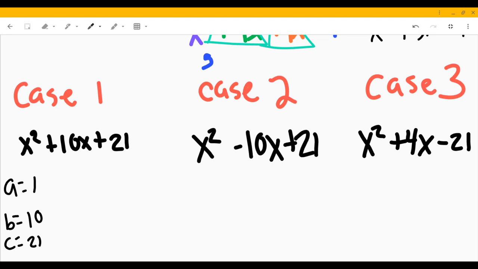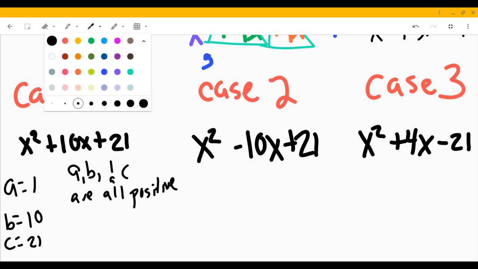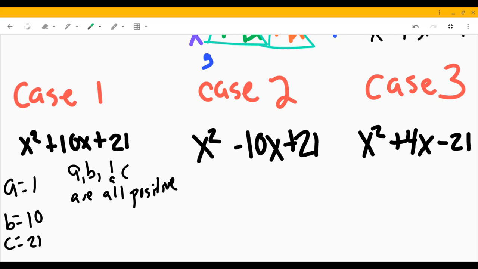So in this example, a, b, and c are all positive. So this will be a little bit simpler for us to simplify here.